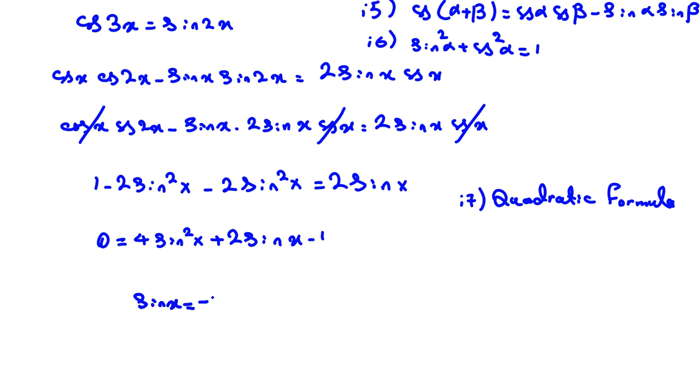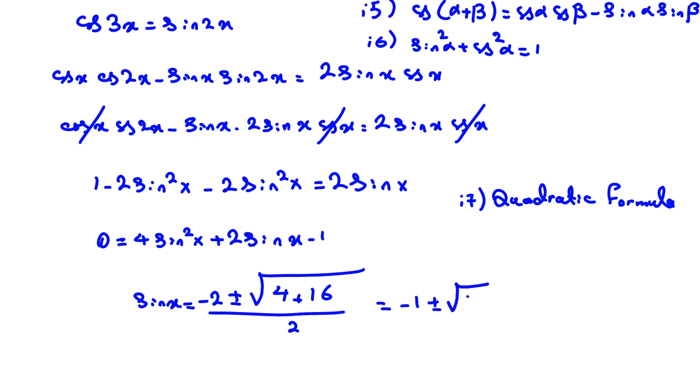Sine x is -2 plus or minus the square root of b squared minus 4ac, which is 4 plus 16, over 2 times 4, 8. So if we divide both numerator and denominator by 2, it will be -1 plus or minus root 5 over 4. If it's minus, sine x will be negative, but we know sine x is positive, so we should say -1 plus root 5 over 4.